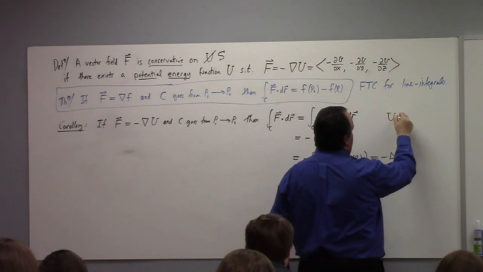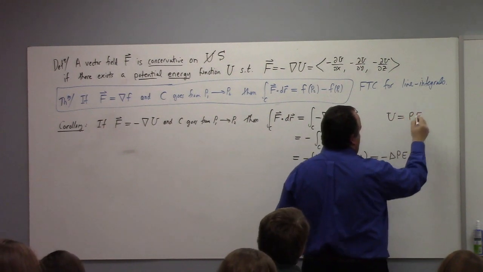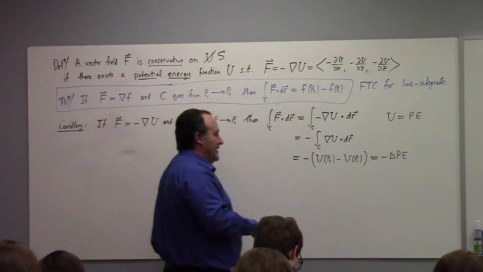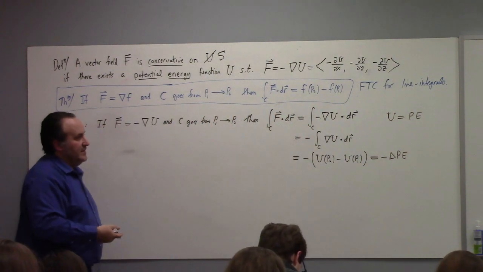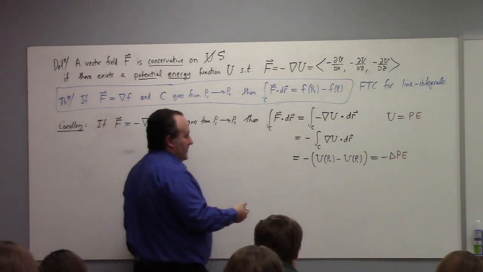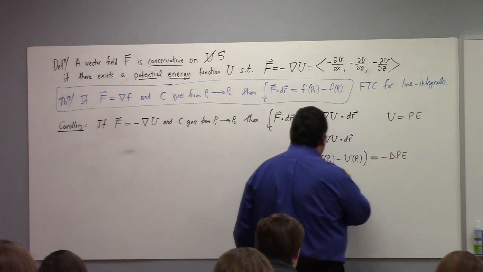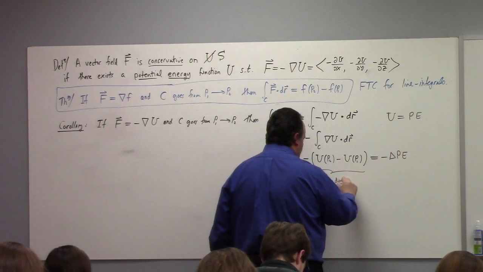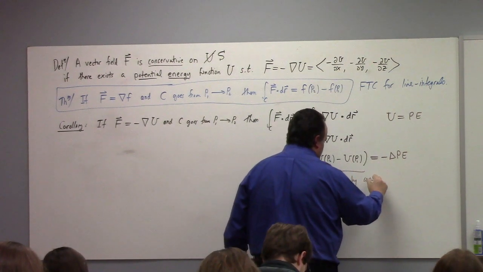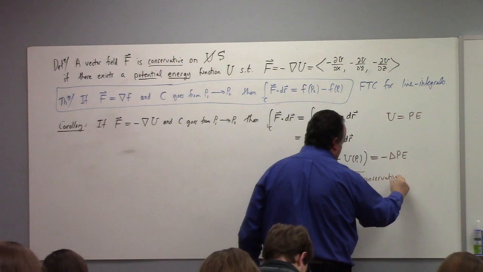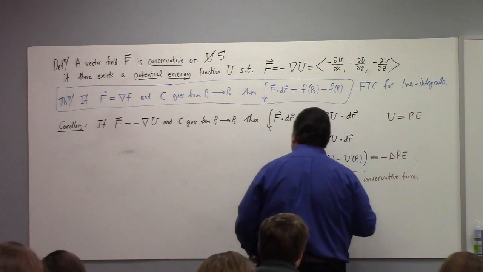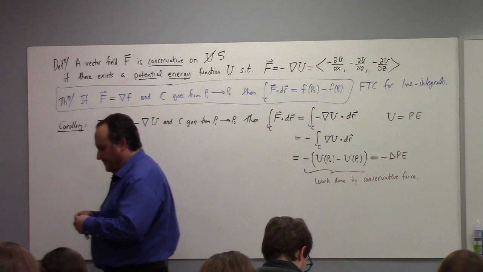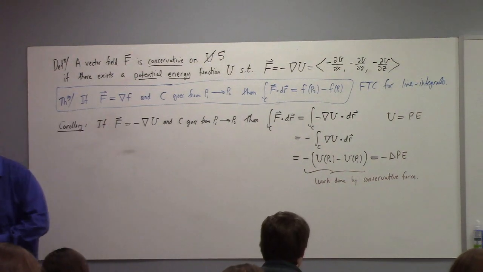So here U is equal to PE, the potential energy. It's just minus the change in the potential energy is the work done by a conservative force. Now, all right. Well, this is cool.